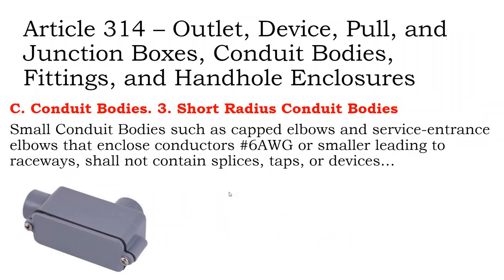So that brings us to, if you're allowed to have splices inside of raceways or inside of boxes or inside of conduit, there's some exceptions to say, well, you might think you can put a splice connector here, but you actually can't. So we're getting into smaller conduit bodies. This is called an LB, and you have conduit coming in one way and conduit coming the other, and you use an LB for two reasons.